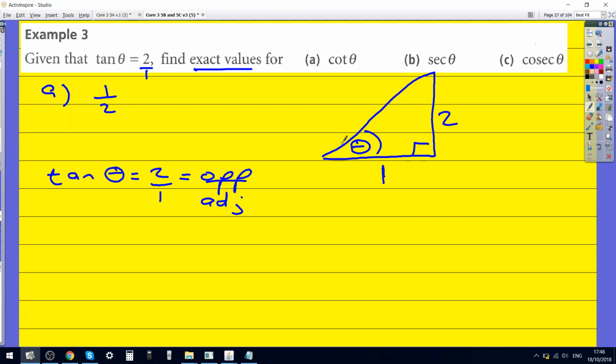Two squared plus 1 squared is 4 plus 1, which is 5. I'm just going to move this laptop. That thing doesn't seem to be working. A squared plus B squared equals C squared.